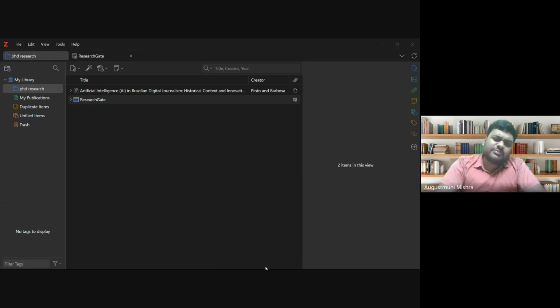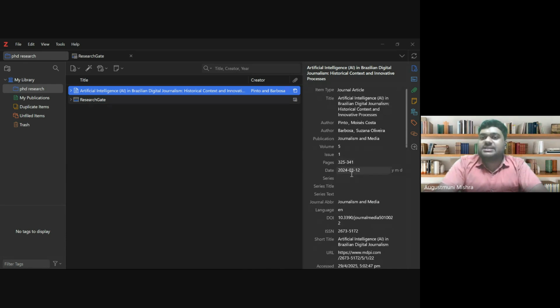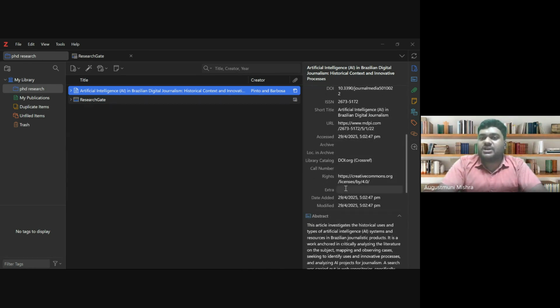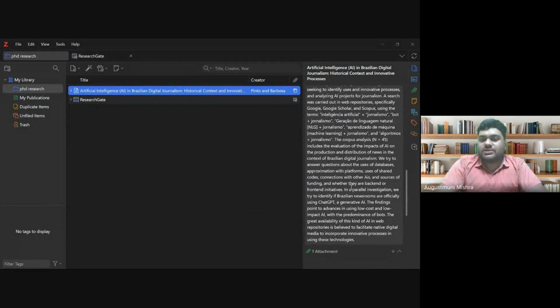At least you will remember the software, because whenever we see particular visuals, we can remember those things for a long period of time. That's why I'm showing you. Like, see, every detail related to the research paper I got here. I think it is clearly visible to everyone, even the abstract also.